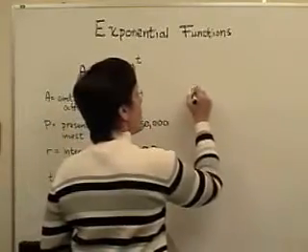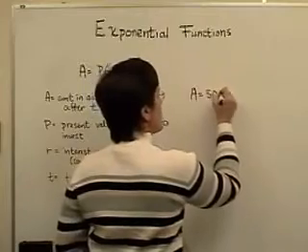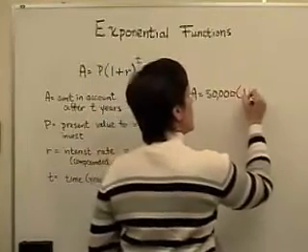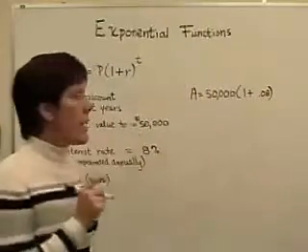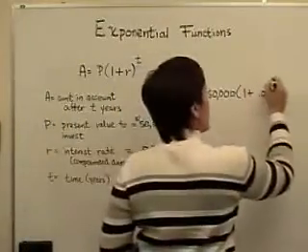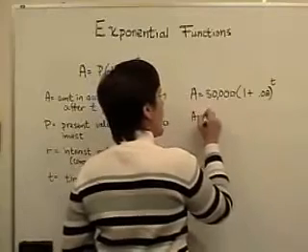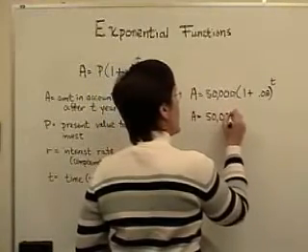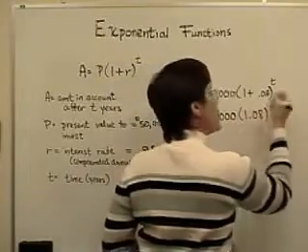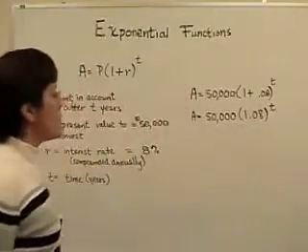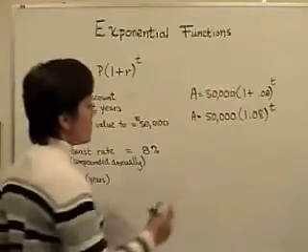So I would have A equals 50,000 times 1 plus 0.08, which is how I write that interest rate. I don't leave it as 8 raised to the t power, and I clean that up a little bit, and I would find out that I just need to take $50,000 times 1.08 to the t power, t representing time in years, to find the value of that account over time.